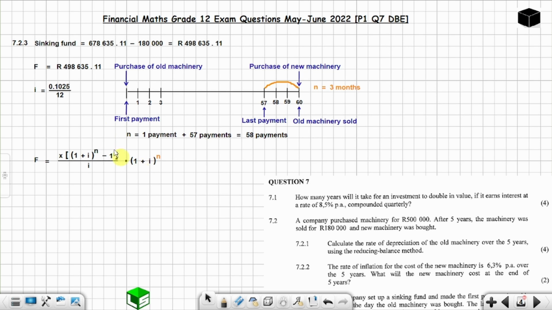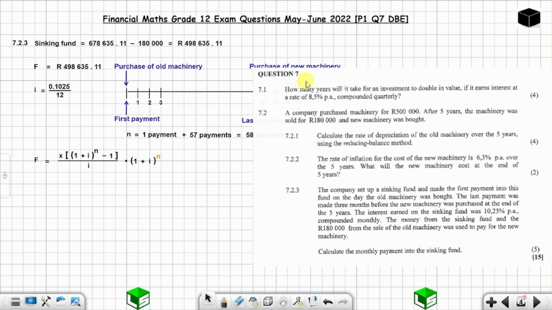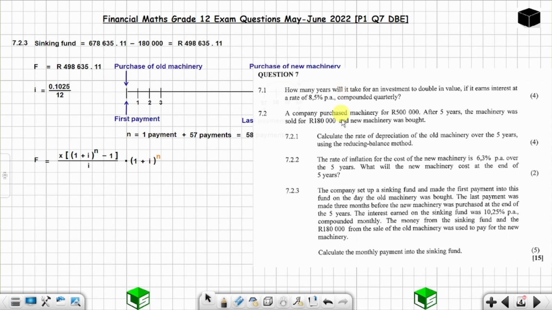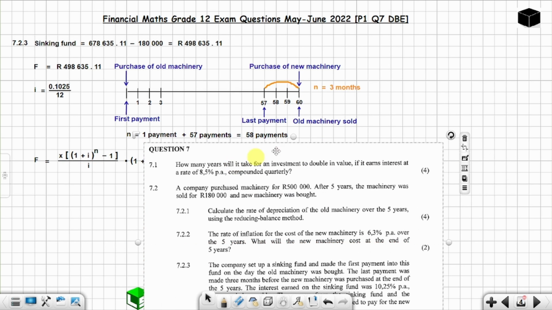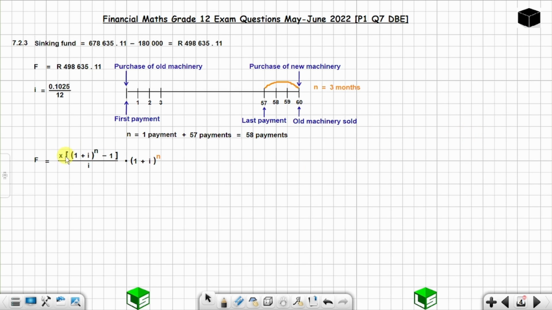We are going to plug everything that we have into the formula so that we can solve for the monthly payment into the sinking fund. Okay, this is what the company wants to achieve at the end of 5 years. Okay, let me close this. So let's plug everything into the formula. F is equal to this, the future value, what they want to achieve in the future in 5 years. Okay, this is equal to, you plug everything into the formula, you have this.